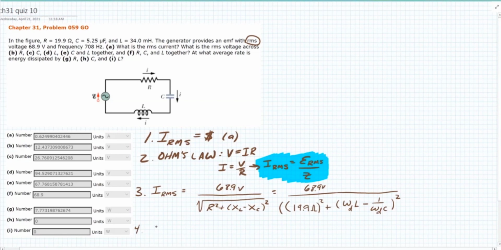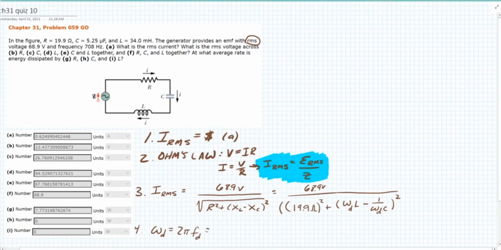So omega D, my driving velocity, the rate at which my generator is spinning, because remember, if you spin a coil of copper wire exposed to a magnetic field, you get all this stuff. This is 2 pi f.